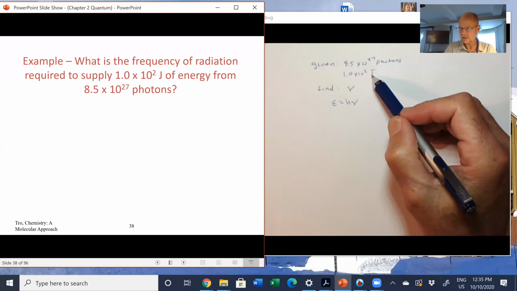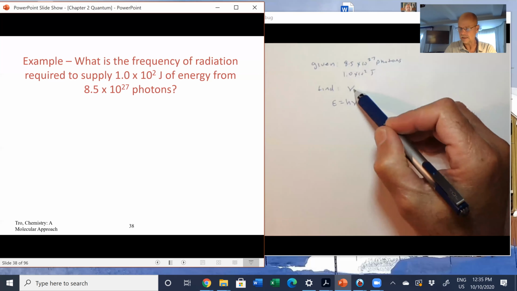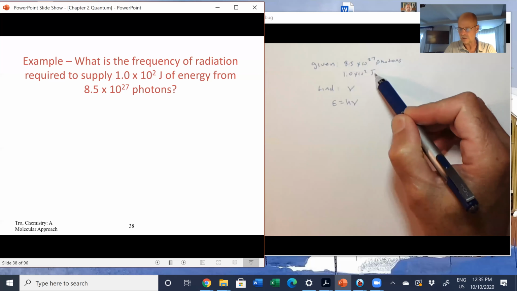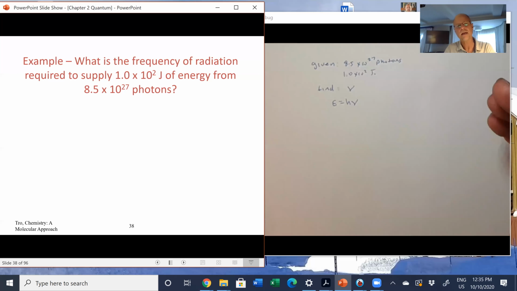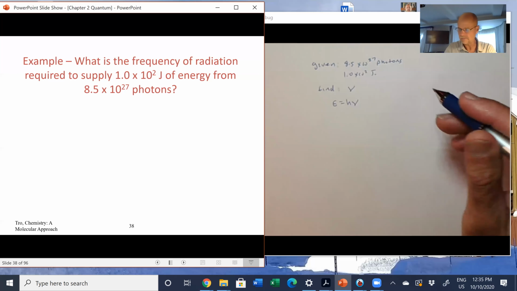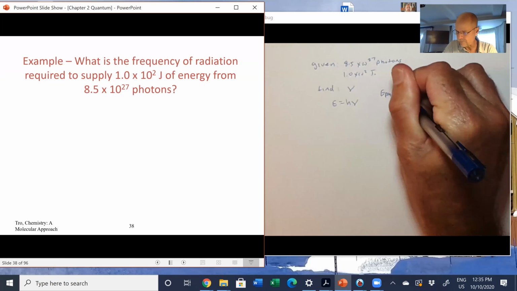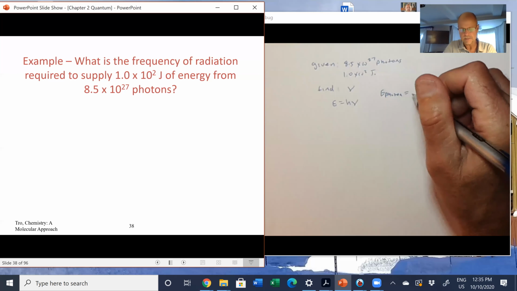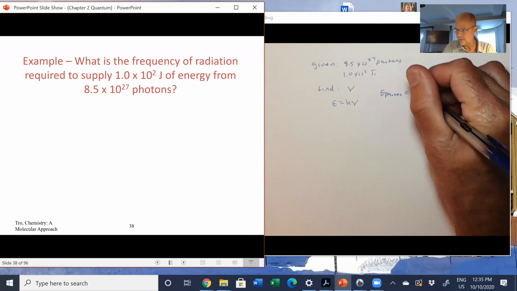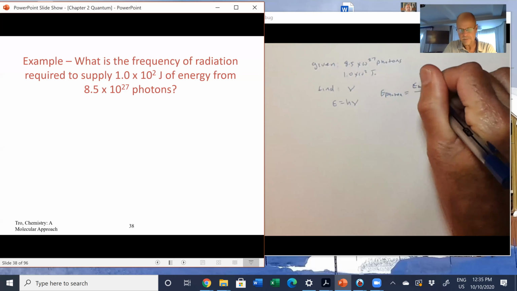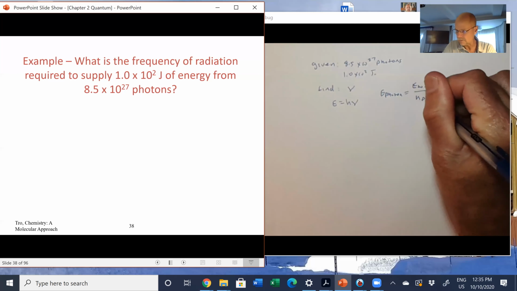But this is saying how much energy, what frequency do we need if we have this many photons with this much energy? Well, then we have to figure out how much energy per photon. So the energy of a single photon that would provide this amount of energy is going to be equal to the total energy divided by the number of photons, right?